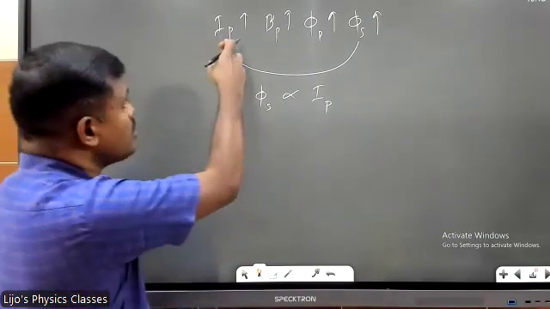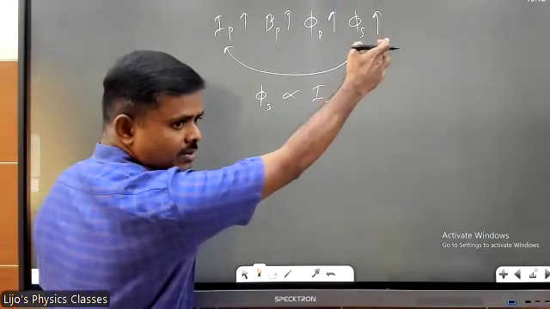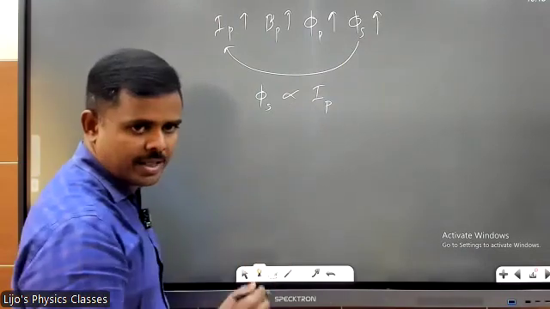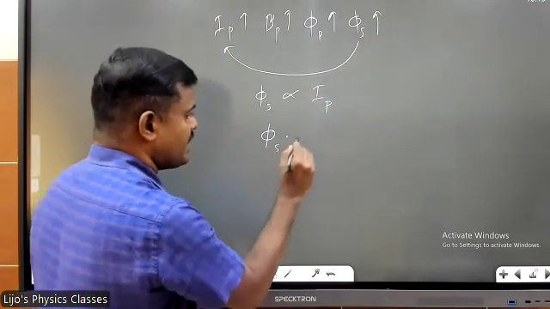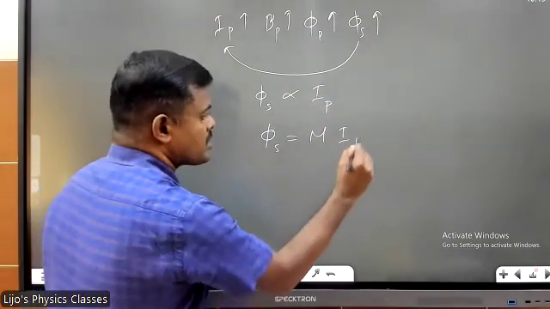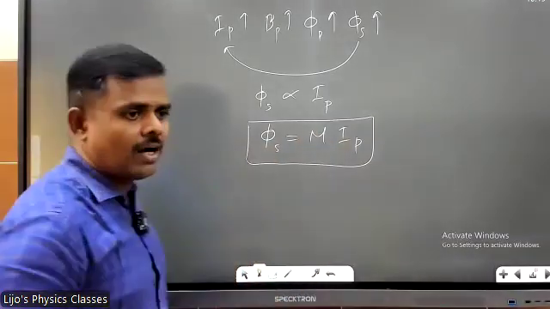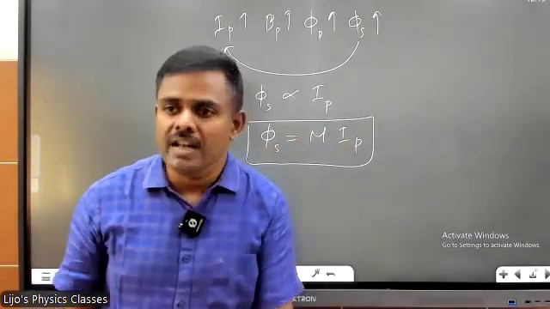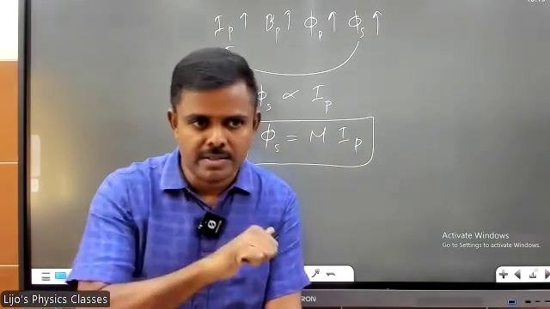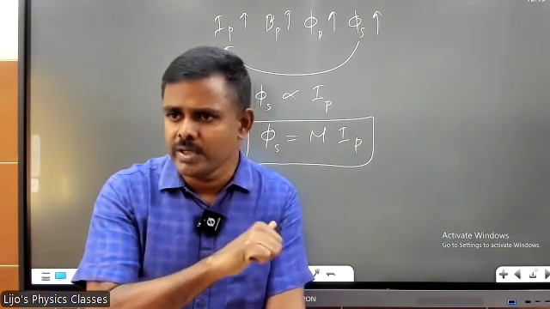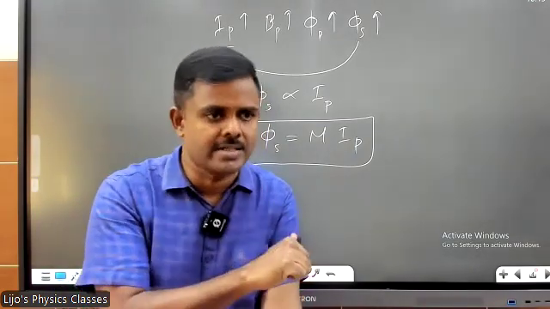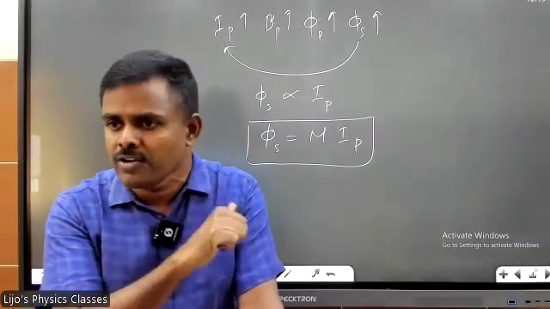Primary current is the cause and that is the effect. Phi S is proportional to IP, or I can say phi S is equal to a constant into IP. Earlier I called it L, that was self-inductance. What must this be? Common sense will tell you: mutual inductance for a pair of coils.